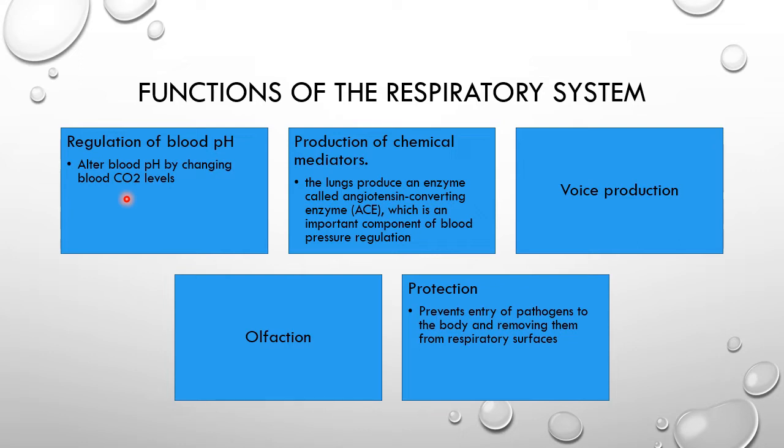Now, if the pH is too high, which is alkaline, that's also dangerous. So, what will the respiratory system do? The respiratory system would try to conserve carbon dioxide to decrease the pH into the normal level.